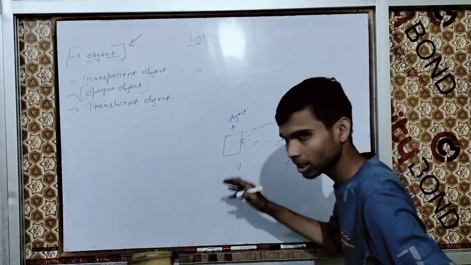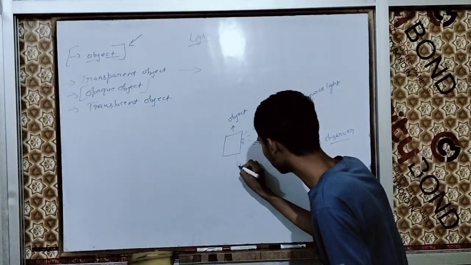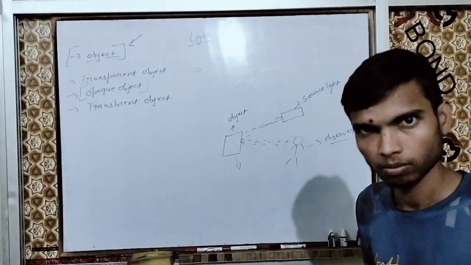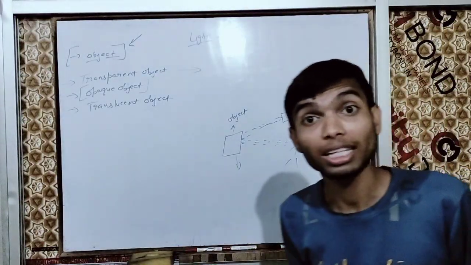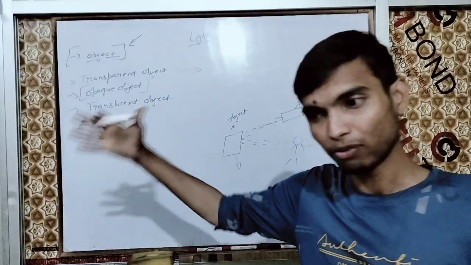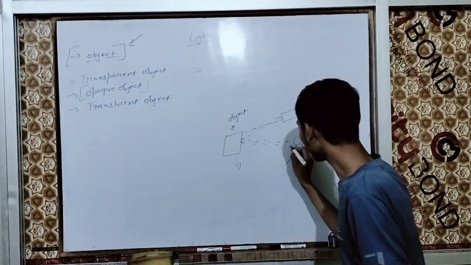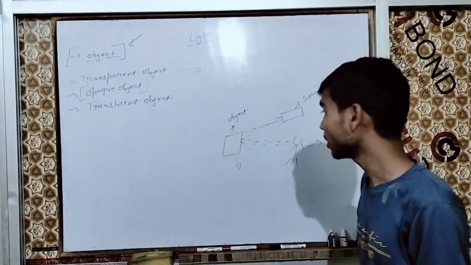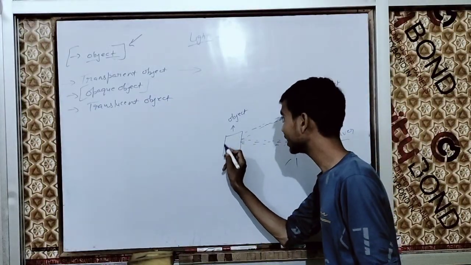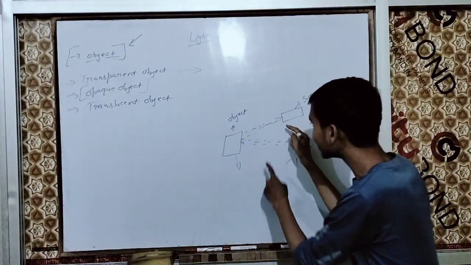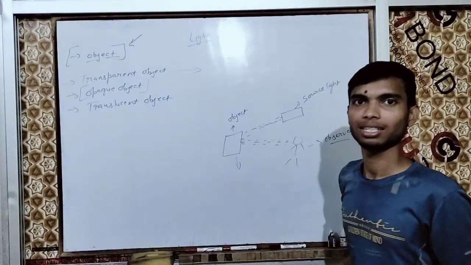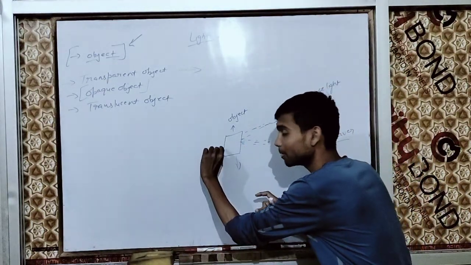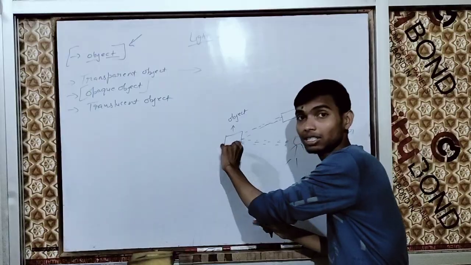Now let's expand this explanation. Here, remember, if light does not pass the object, then that object is blocking the light which is coming from the source light. If this is happening, then this observer will not be able to see the area behind this object, because light is not passing through this object.